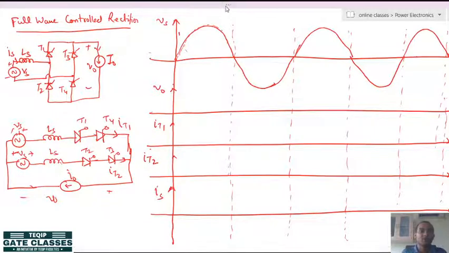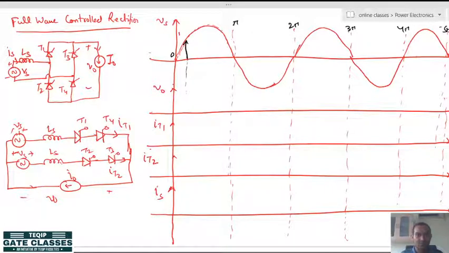Okay. So, now since these are thyristors, we have to draw the firing angle also. So, I am taking this as the firing angle. Let me mark 0, pi, 2 pi, 3 pi, 4 pi, 5 pi and so on, and let me mark the firing angle also.